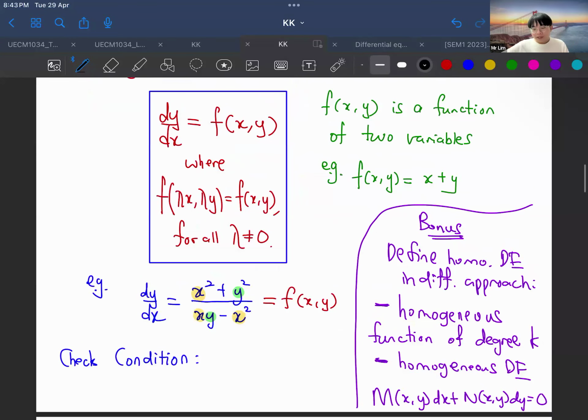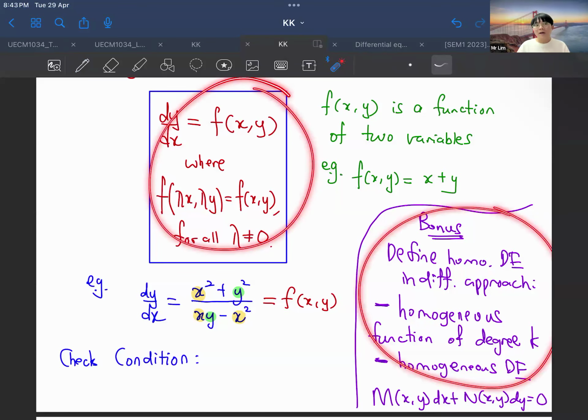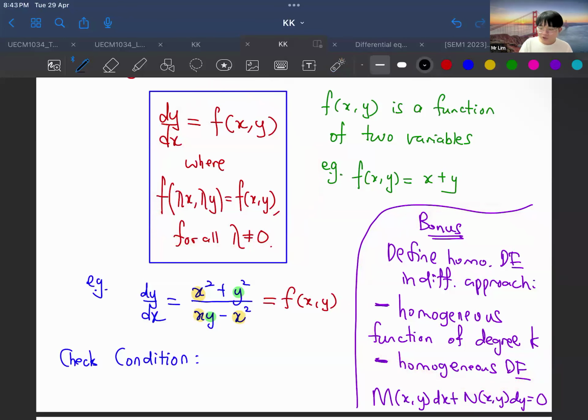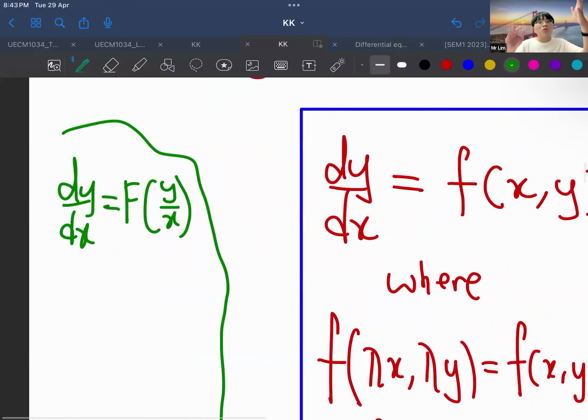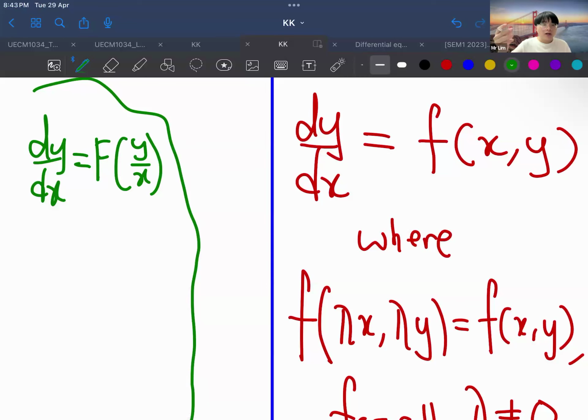Some books even define a homogeneous DE not in this way. I just write it very short, like this, where dy dx equal to another function f that depends on y over x.